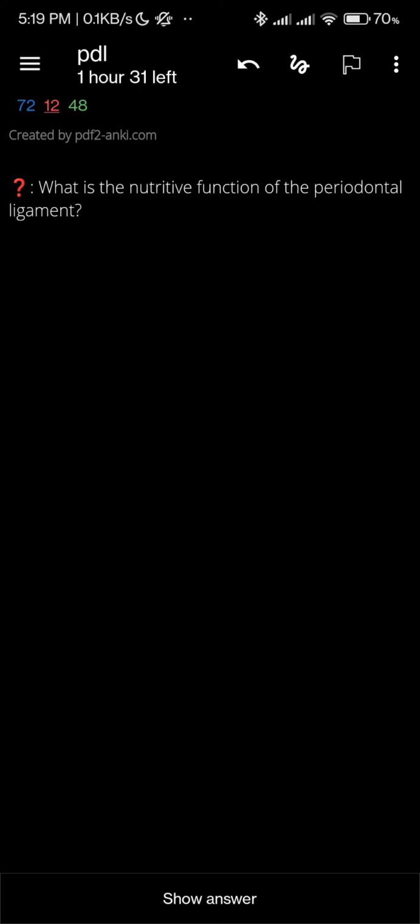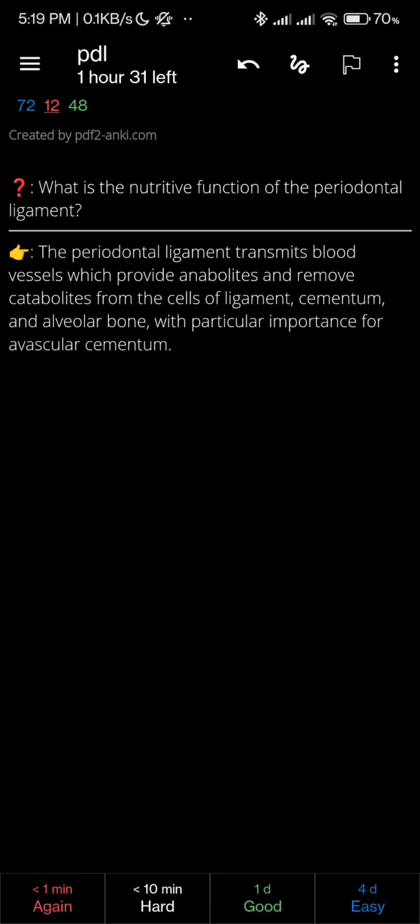Then we have cementum and the alveolar bone, with more importance to the cementum, because avascular cementum transmits blood vessels. So they provide anabolites from cells of ligaments.